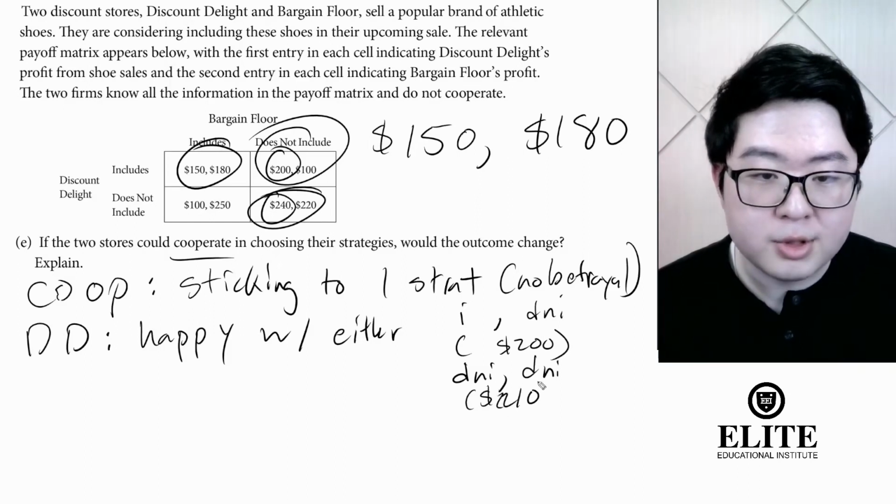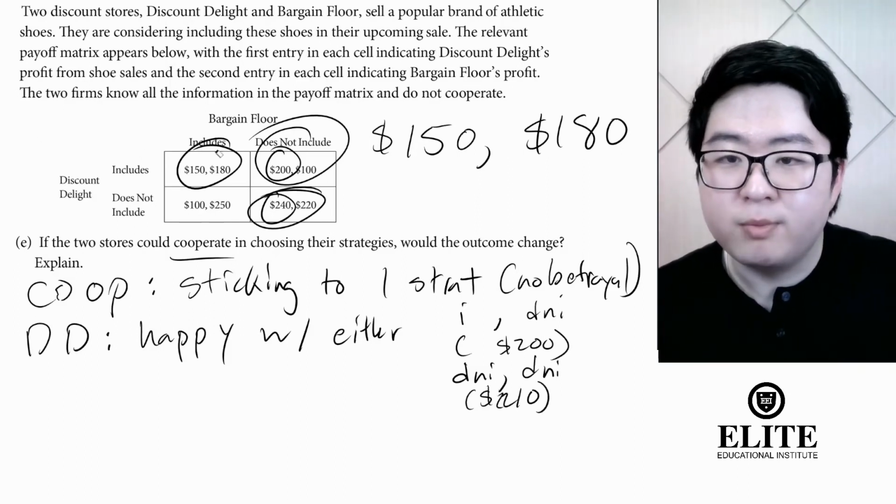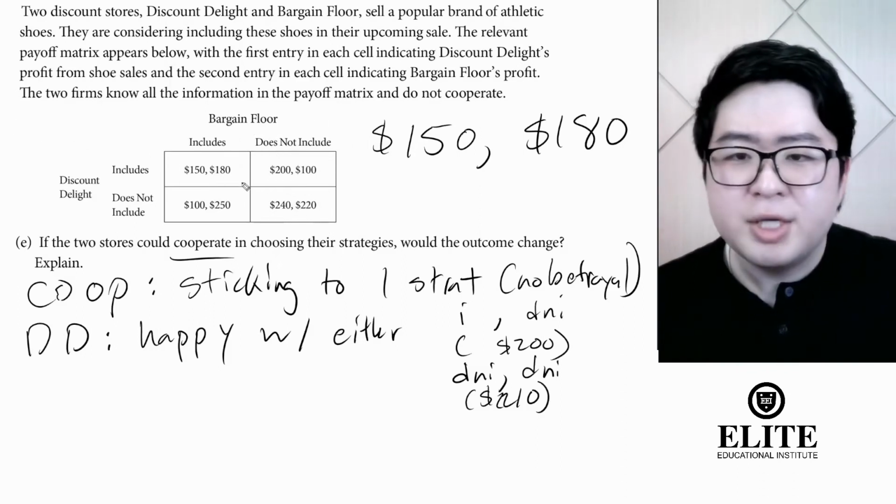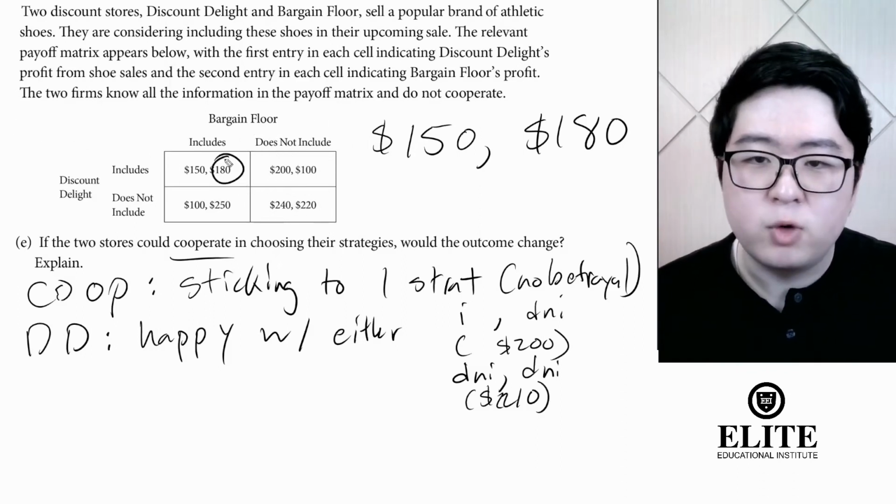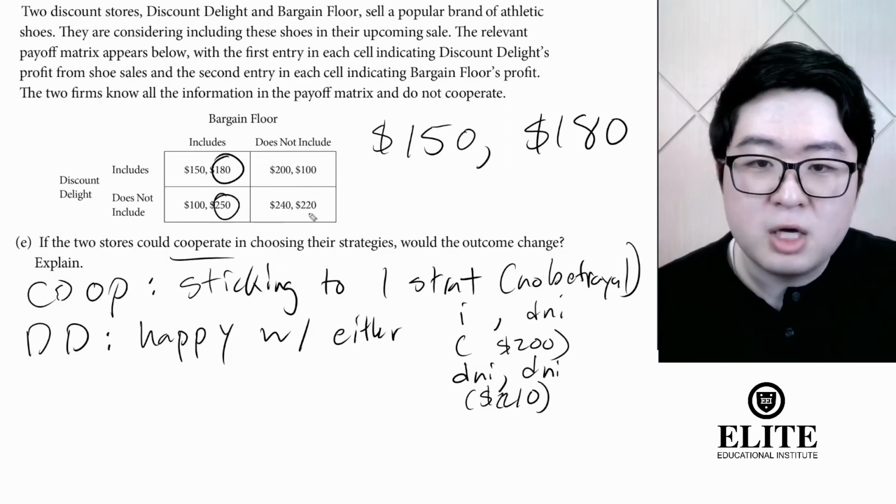Whoops, 240, yes. Now let's take a look at it from the perspective of Bargain Floor. Now we can see very clearly that starting at 180, it's going to be happy with either this profit or this profit.